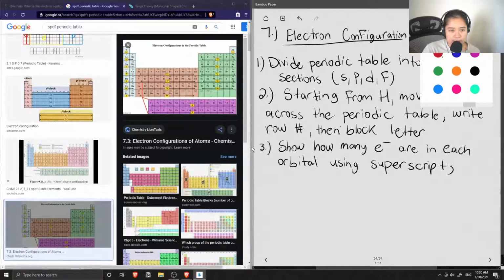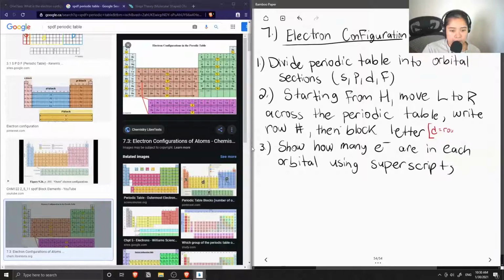I'll also add as a note for part 2 that when we get to the D block, we write the row number minus 1, and when we get to the F block, we write the row number minus 2.